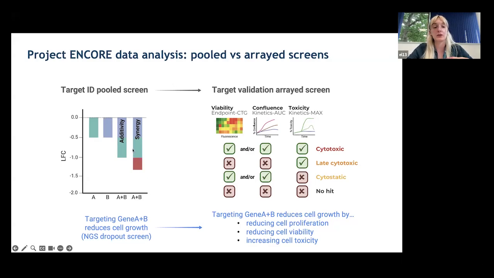So this builds on the evidence that we see from the pooled screen and allows us to understand a bit more about how that combination is causing death of the tumor cells. Just to emphasize as well at this point that all this information comes from the same 384 well plate, and it's the arrayed format that allows us to extract all that information.